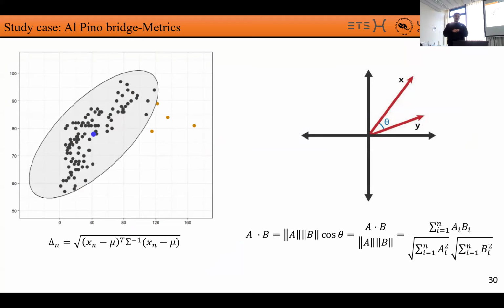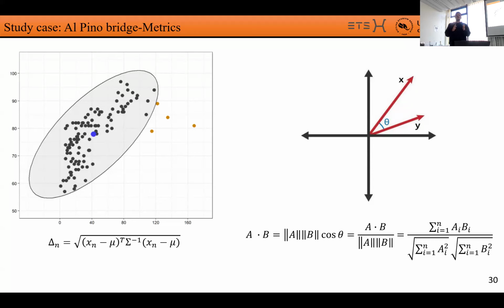The first one is the Mahalanobis distance. It is basically a distance that measures the distance of a point to a distribution. It gives us a measure of how many standard deviations the point is far from the distribution. The second one is cosine similarity.